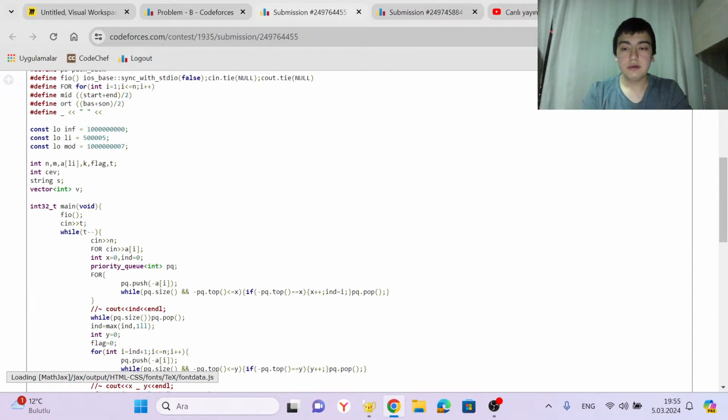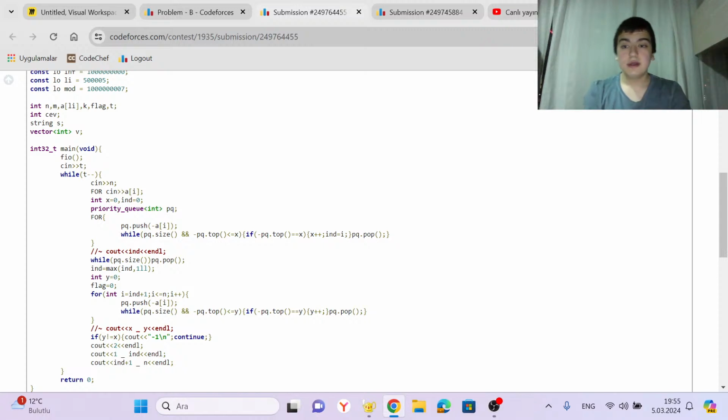So let's look at this code. I have solved the problem like this. First of all, I have read the array, and I have created a priority queue. In this priority queue, I am collecting the elements from small to large, so I am pushing the elements in negative order.